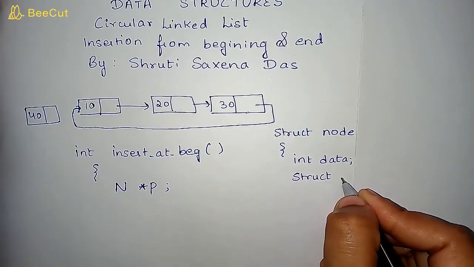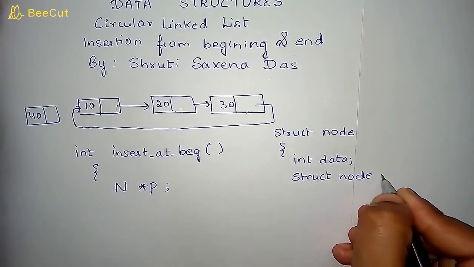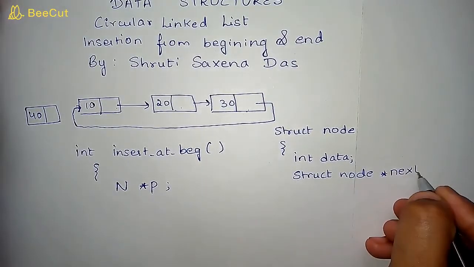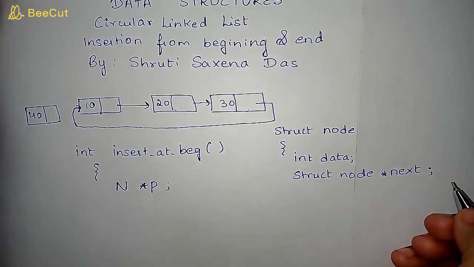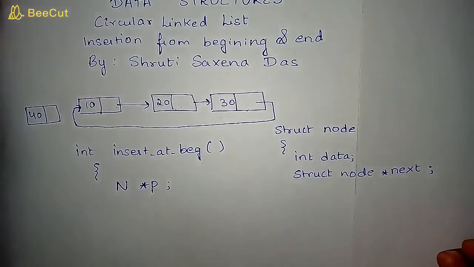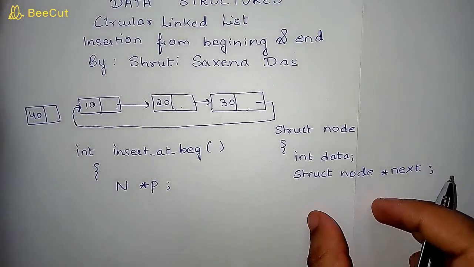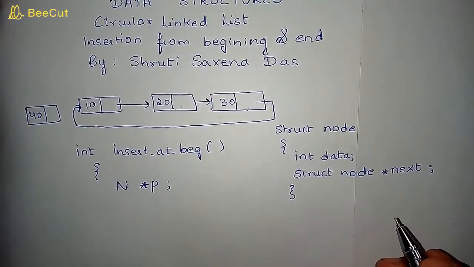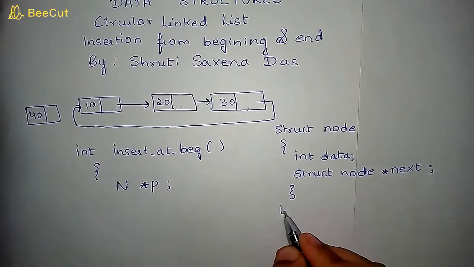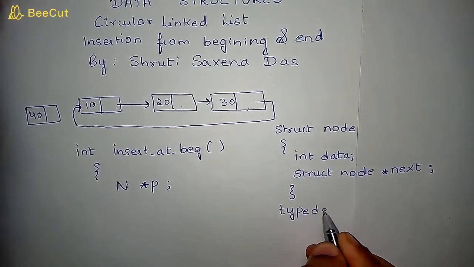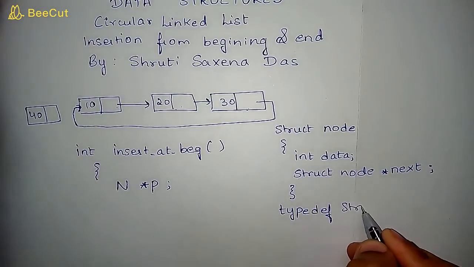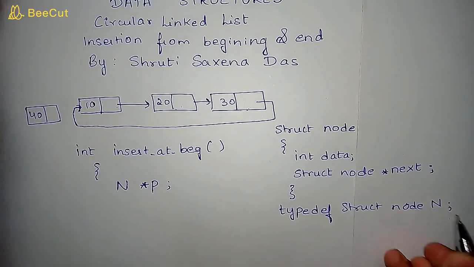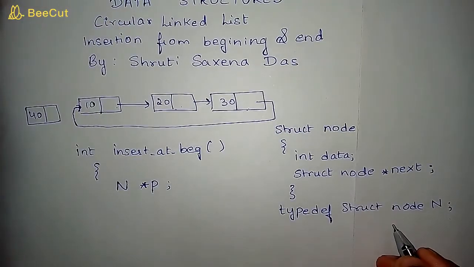We can write it like this, a struct node, because the next field is going to address the next node in a linked list, which is again a structure. So the data type will remain the same. If you want to give an alternative name, you can use typedef, and I can write struct node n. Now this n will act as an alternative name for struct node.